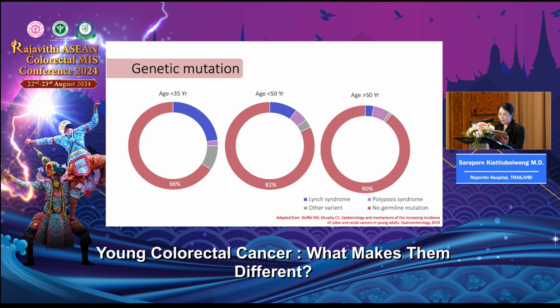The blue section represents the Lynch group, which seems to increase as patients get younger. But most of them have no germline mutation.